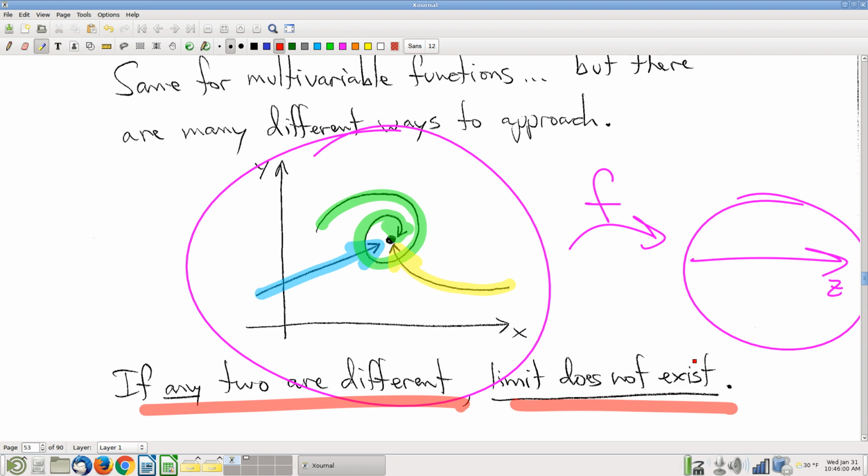It could be, by the way, much worse than a jump discontinuity. The categorization of different kinds of limit failures is exotic. There's all sorts of weird things that can happen. But the point is, clearly, swing and a miss: the limit doesn't exist. And that's what we found here in this example.